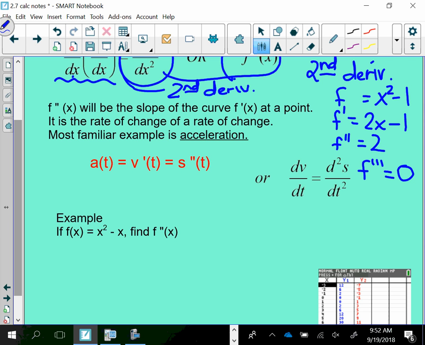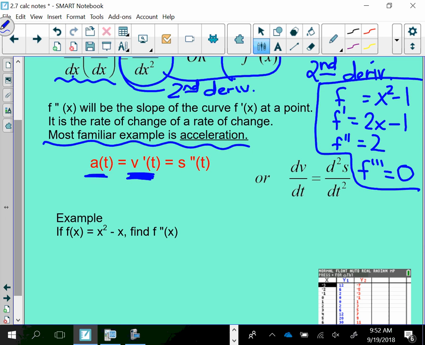Okay. All right, so you'll get used to all this. If you're thinking, wait, I'm not quite there yet, you'll get there. Don't worry about that. Let's talk about the most familiar example of a second derivative, which is the acceleration. In other words, if we take the derivative of the velocity, we have the acceleration. And if you recall, the velocity is the first derivative, so the second derivative would be the acceleration.